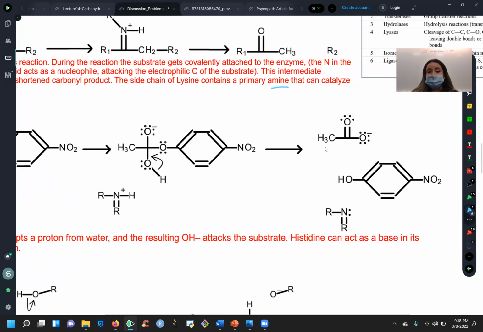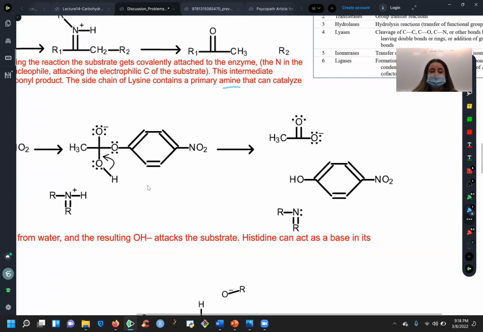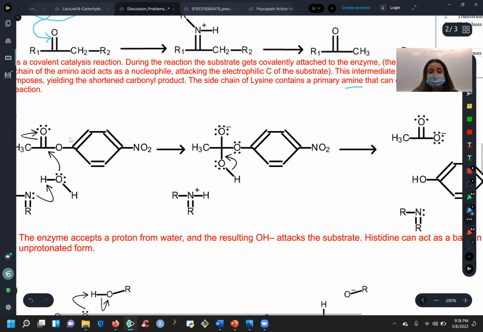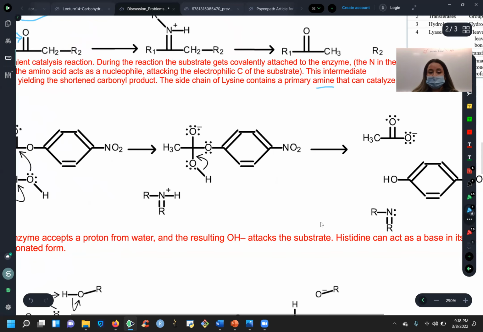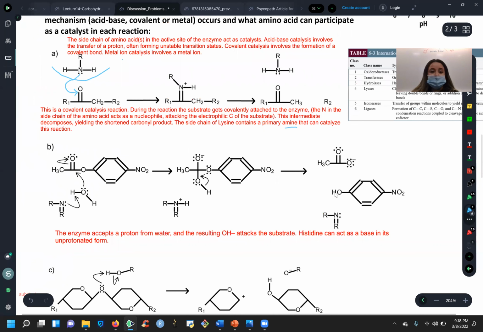Okay, and then your products, so this is the intermediate step. Those are your substrates, what you're starting with, intermediate step, and then what's left over. So at the end, you end up getting this guy by itself. So it's still there with the NO2 and the OH. So this group is going to be separate.